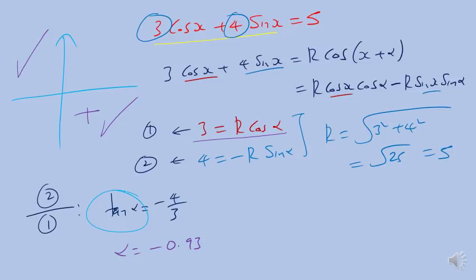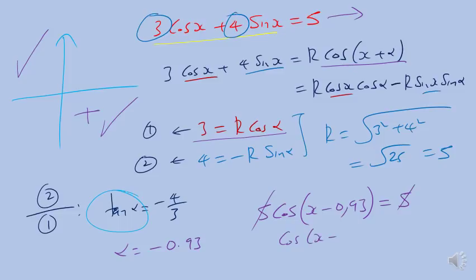The original equation can now be written as 5 cos(x minus 0.93) = 5. The 5 goes away, so we get cos(x minus 0.93) = 1.